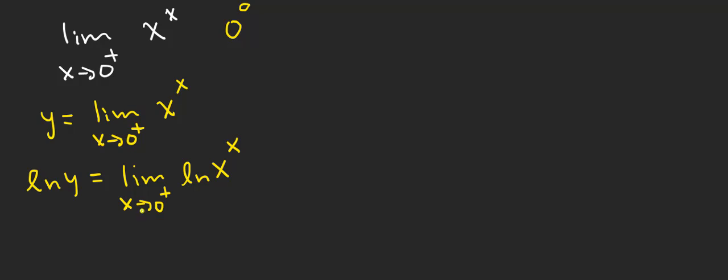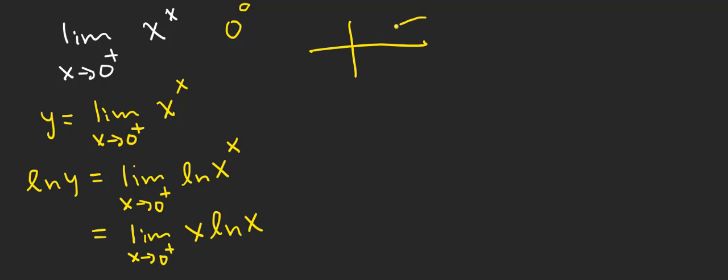And this is the same thing as the limit as x goes to 0 from the right side, exponent goes in front of natural log. Okay? Now what do you get when you plug in 0? Notice the graph of natural log of x again. As you approach 0 from the right side, the limit is approaching negative infinity. So this is like 0 times negative infinity.